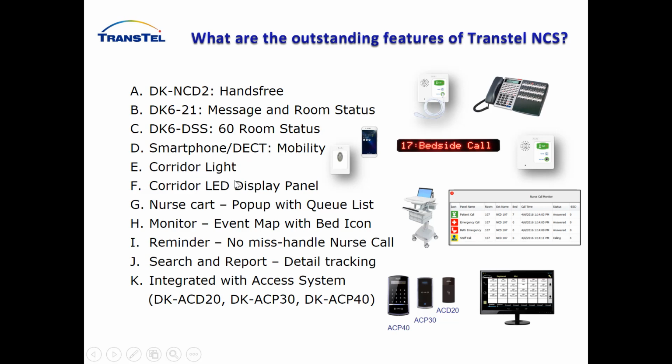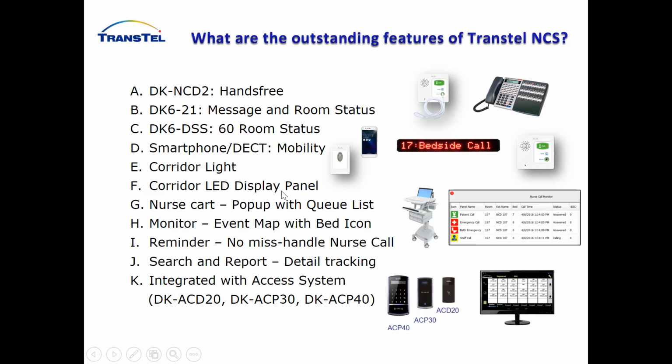The corridor light is installed outside the patient room, and you can also see the nurse call status of the room. So people can see the light flashing. No matter what kind of situation, the nurse can go to offer the service. So this is one of the functions of the corridor light installed outside the patient room.